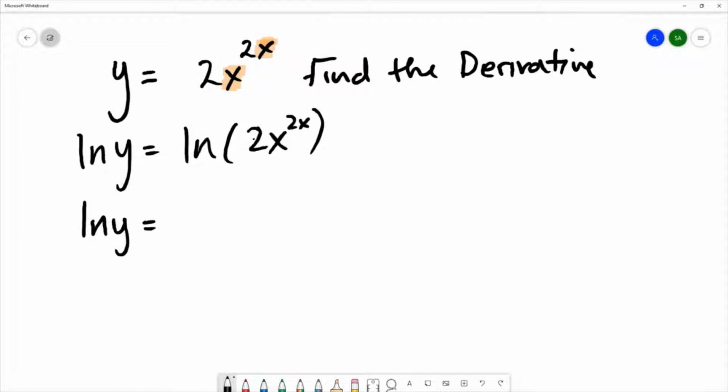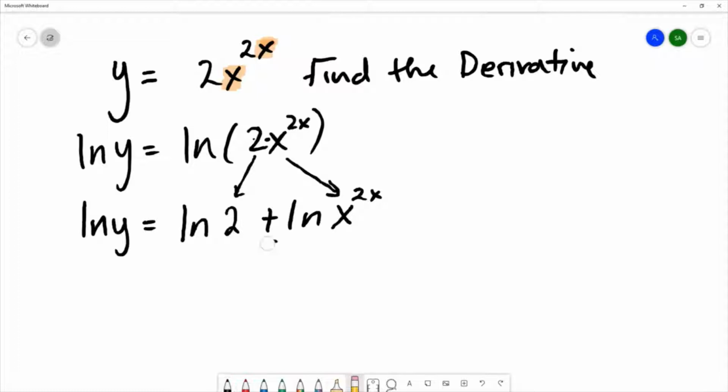The product rule for logarithms says that if you have a product inside the log, that's multiplication, which we have here, then you can write this as natural log of 2 plus natural log of x to the 2x. So when you have a product inside the log, those factors get their own log and you separate that with a sum. So that's the product rule for logarithms.